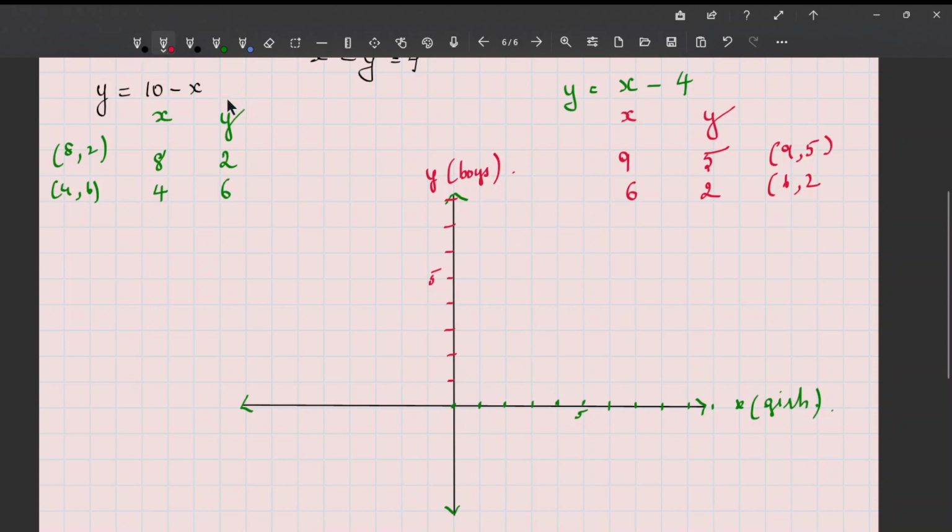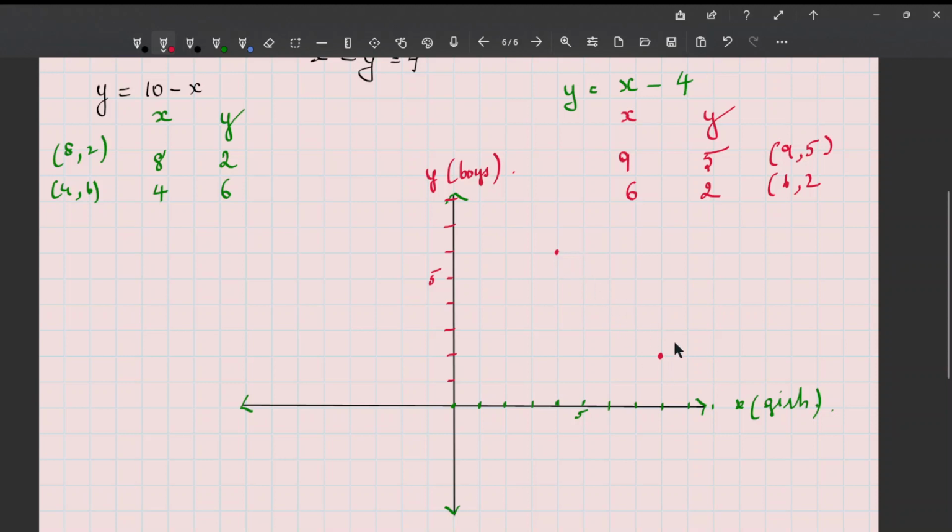Now for the first equation, 10 minus x: (8, 2). So 6, 7, 8, 2. This is one point, one coordinate, (8, 2), and (4, 6). The x value is 4, the y value is 6. So this is another point.